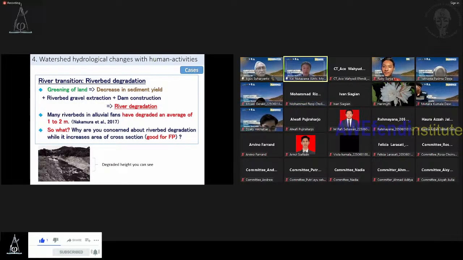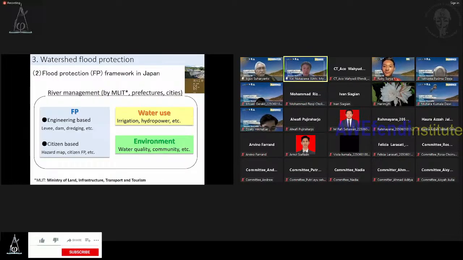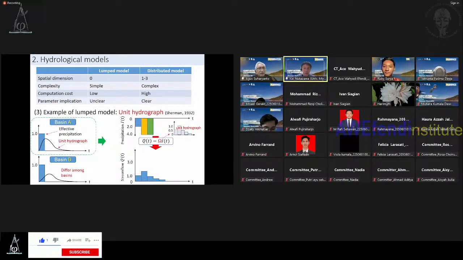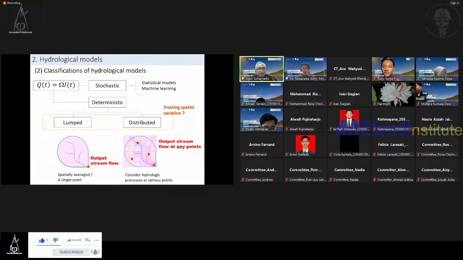I introduced the two classifications, the ramped model and the distributed model. The distributed model is based on raster data, as you said. And the ramped model can be developed without any GIS data.